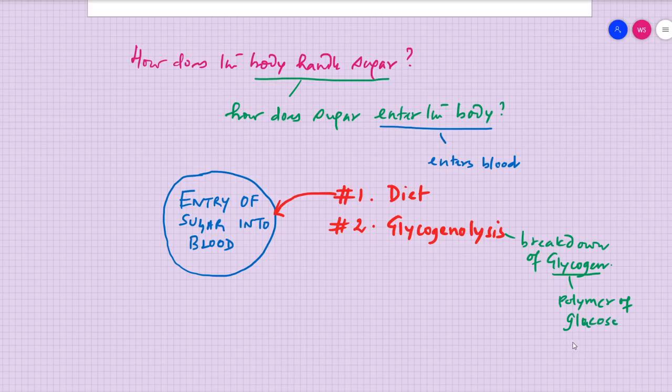So the muscles as well as the liver produces glycogen, but it is the hepatic store that is used to bring glucose into the blood. Okay, not the glycogen produced by the muscles. Okay, so it's a polymer of glucose which is predominantly stored in the liver.